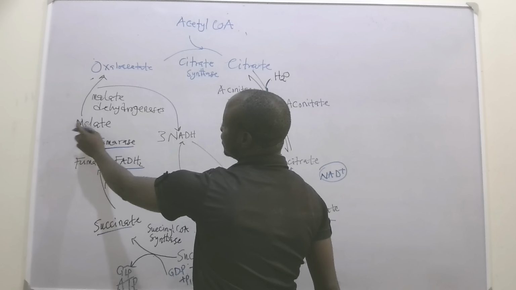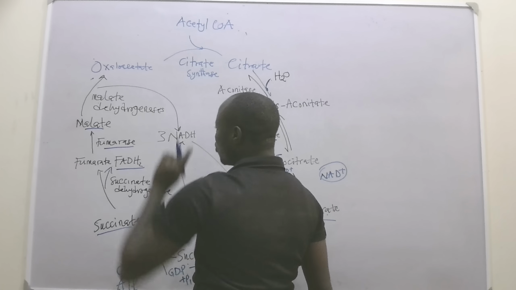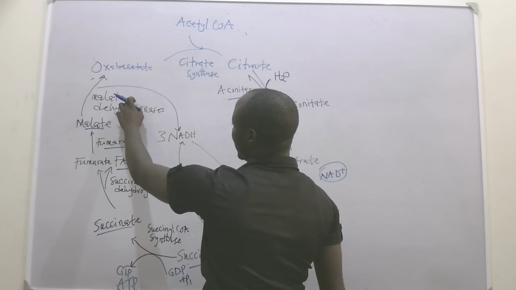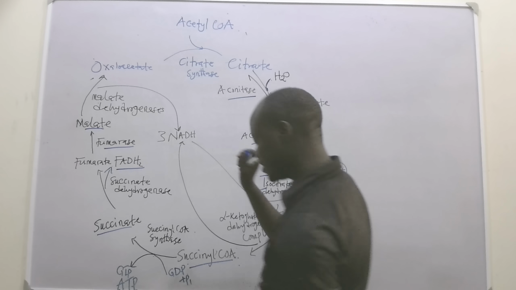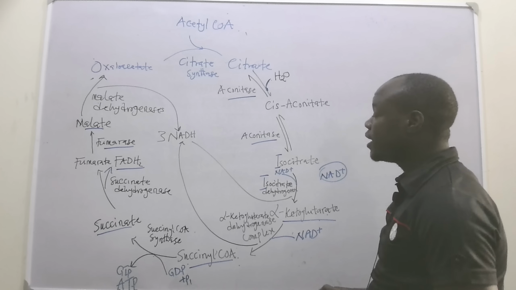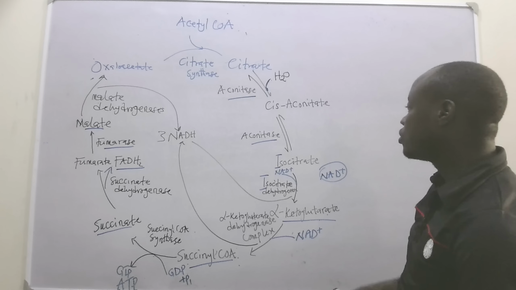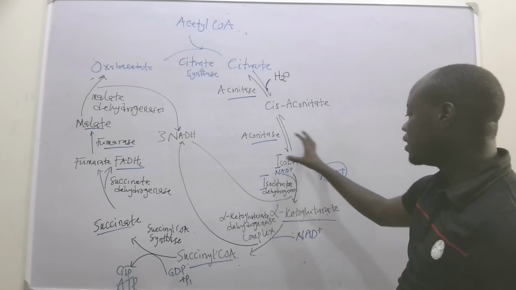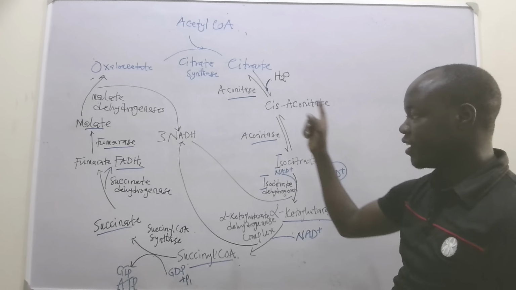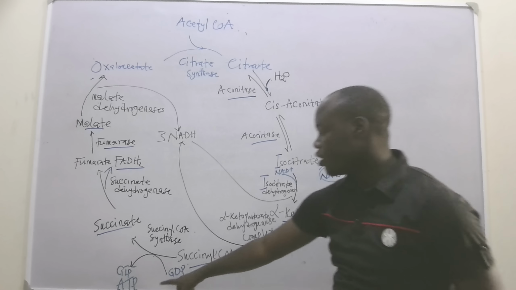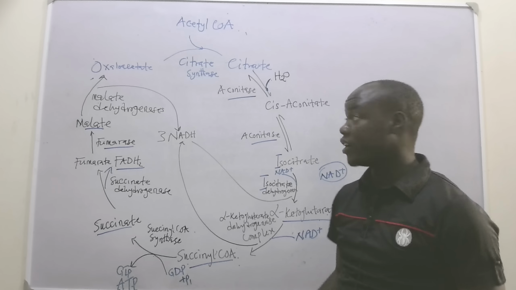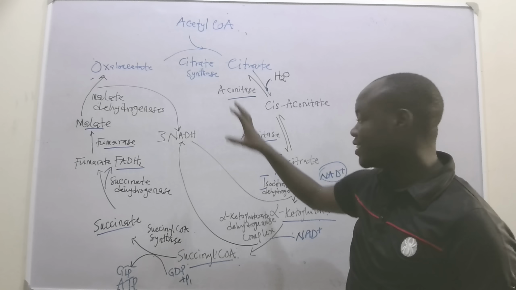The malate is then converted to oxaloacetate using malate dehydrogenase, and this is also one of the steps where NADH is generated. So you can see clearly 3 molecules of NADH are generated, 1 molecule of FADH2, and 1 molecule of ATP during the citric acid cycle.